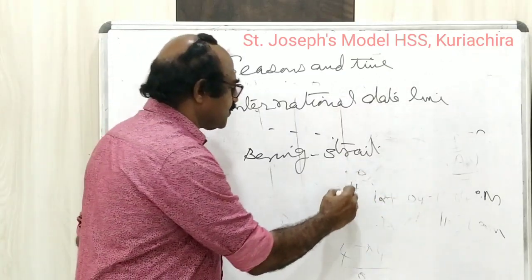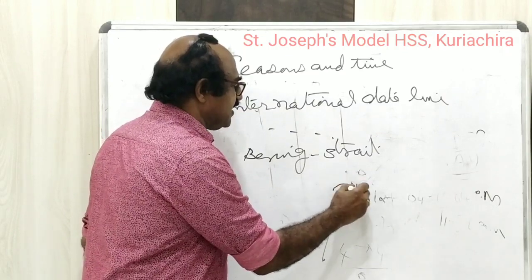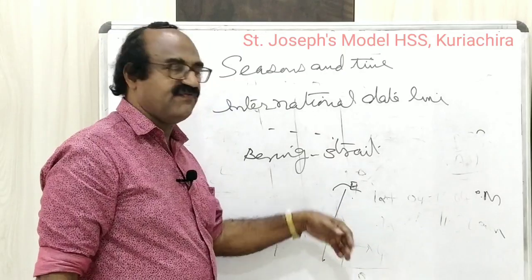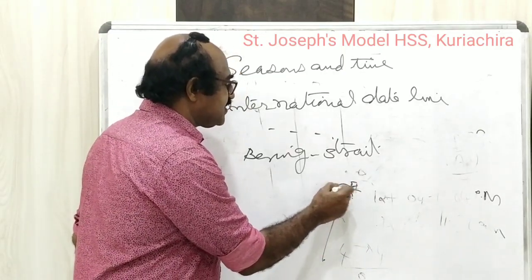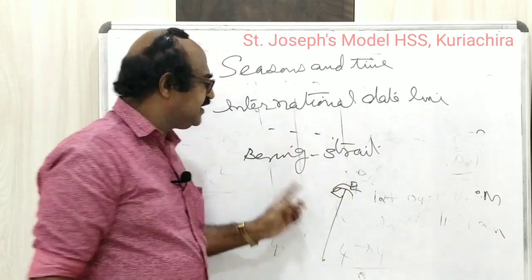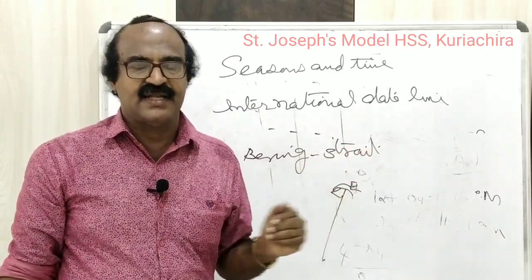Those who cross this line from west to east calculate time by advancing one day. Those who cross this line from east to west deduct one day. This imaginary line is known as the international date line.